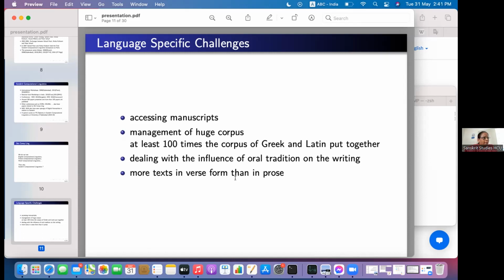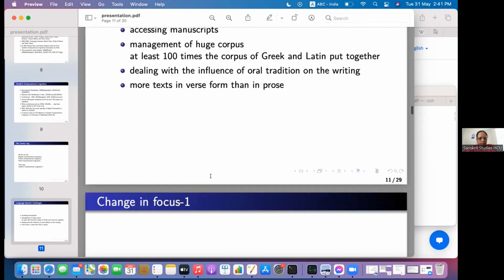So all three of these reasons are applicable to other languages also. What is unique to Sanskrit is more text in verse form than in prose.